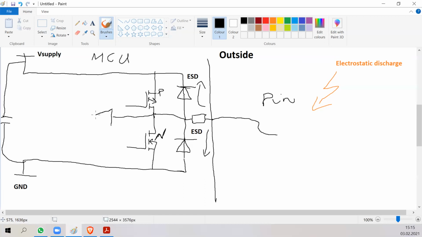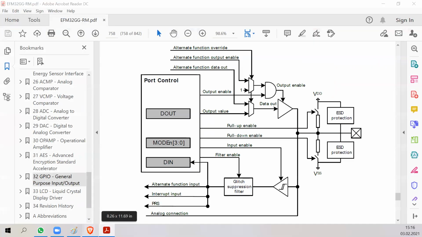for reading the input, there is a Schmitt trigger circuit, which gives the signal deeper into the microcontroller. So you can read what the level is, and if the level is approximately the middle between power supply and ground, then this Schmitt trigger has a small hysteresis and it doesn't just wobble around quickly. You can check out its value in the datasheet.